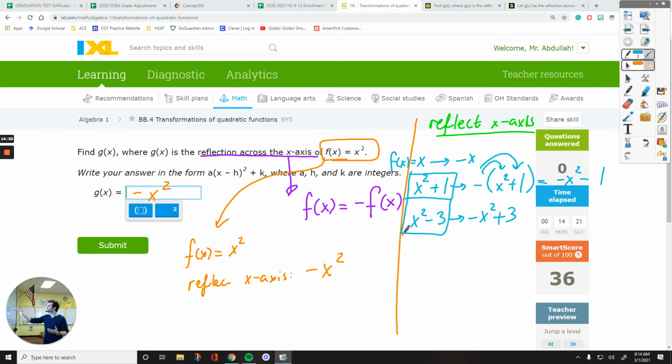But if it's just one term, just change the sign. That's how simple it is with the reflection. You might want to take notes, because you may not remember everything at once. But if you use your notes and solve enough questions, then you're not going to need those notes at one point, and you'll be solving these questions independently.